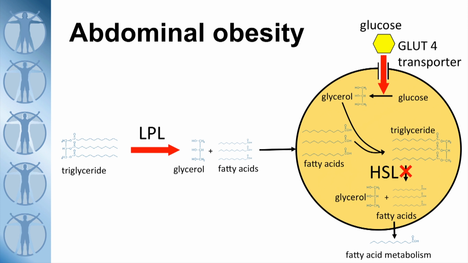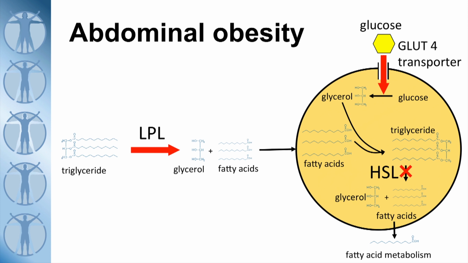Now, this triglyceride molecule is too big to diffuse across the cell membrane. It's not going anywhere. So for it to be made small enough so that the fatty acids can cross over this membrane here, we need to cleave it. And that's where something called lipoprotein lipase comes into its own.